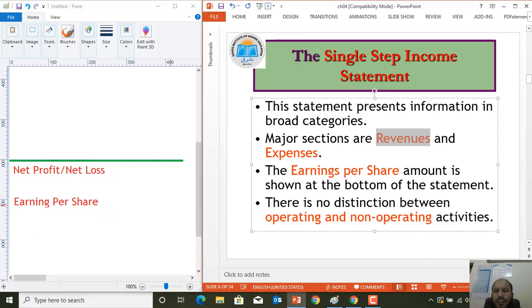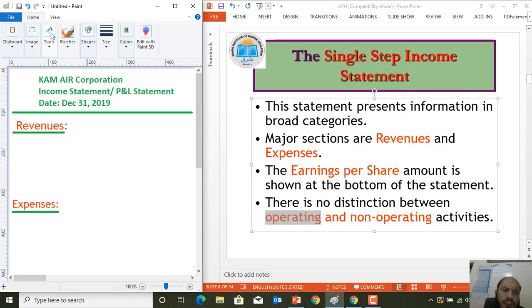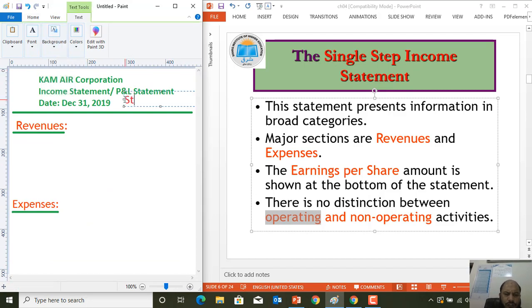This has been explained. There is no distinction between operating and non-operating activities. Dear students, as I mentioned earlier, we may also call it statement of operations. If you remember, I have mentioned that the third name of this statement is statement of operations.